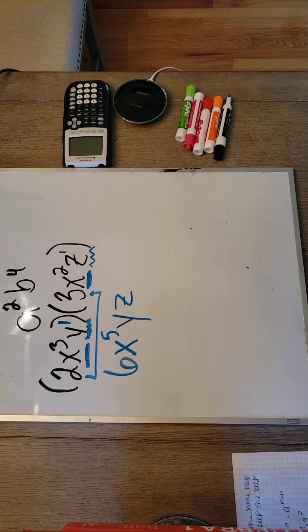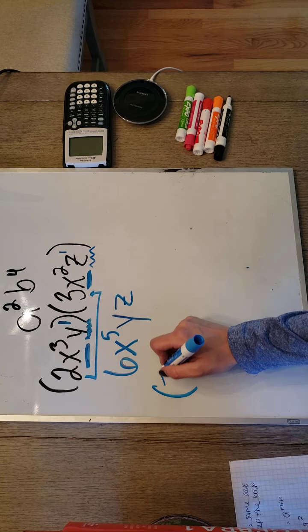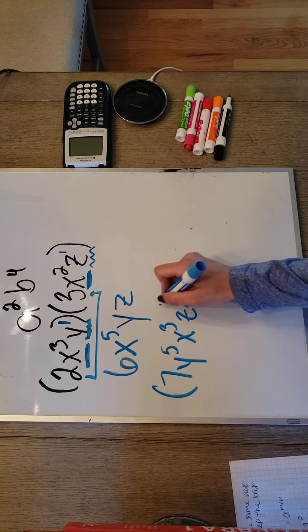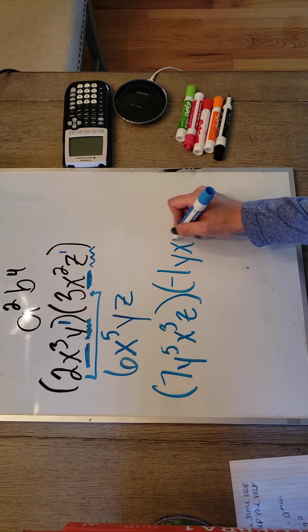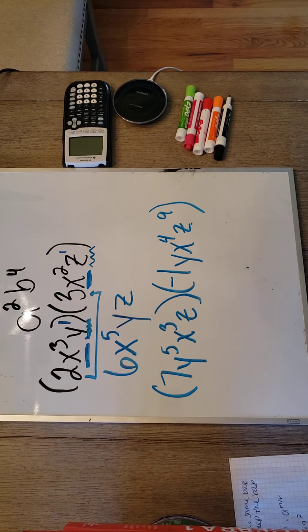All right, next one. We got this 7y to the 5th x cubed z times negative 1y x to the 4th z to the 9th. So right off the bat, I'm going to ask, do I need to put ones anywhere? Let's just get this out of the way now.